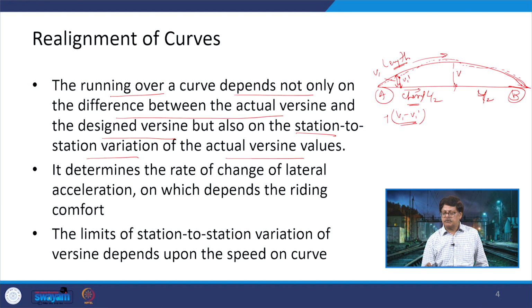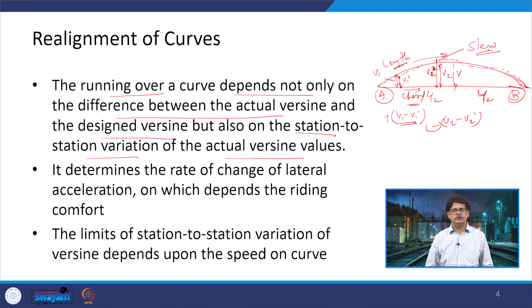But here my requirement is V2, but what is happening is V2 dash, and therefore, V2 minus V2 dash becomes negative. That is where there is an issue, and this deviation which is happening is defined as slew.